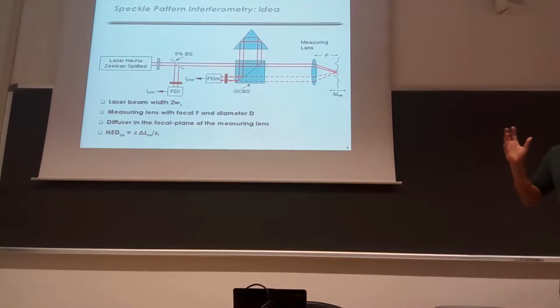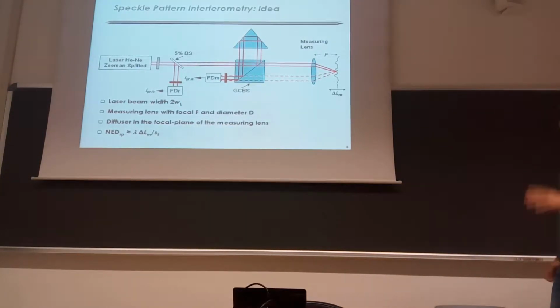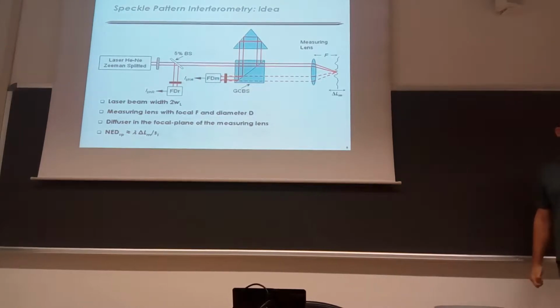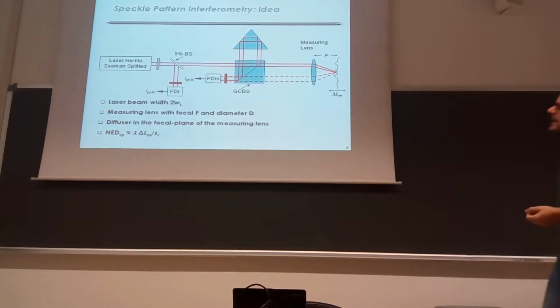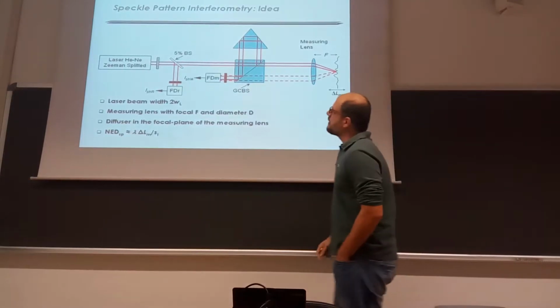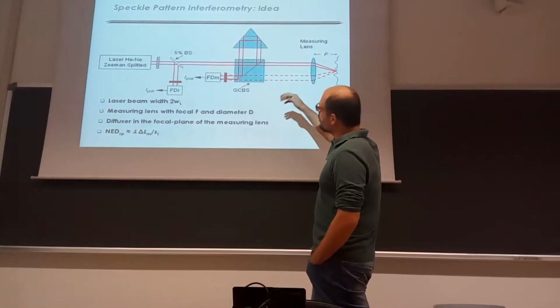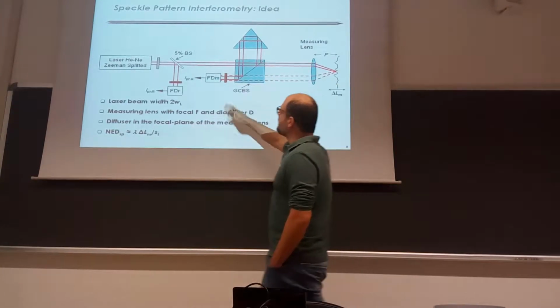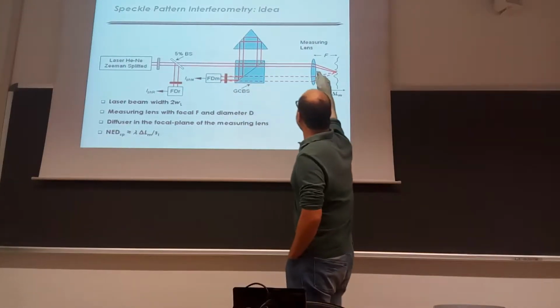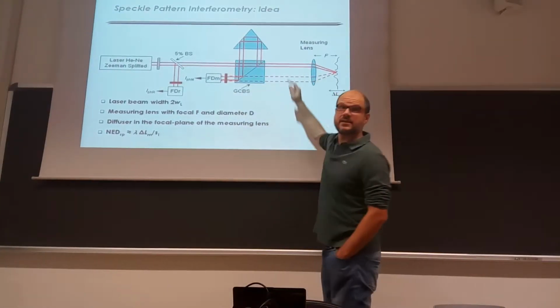This is just a principle one, just to give you the idea that something is possible with a speckle pattern situation. In particular, we can see a double frequency interferometer, and we have a lens here.